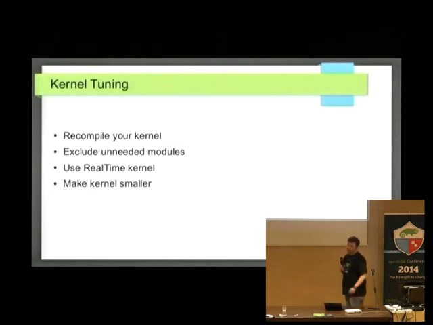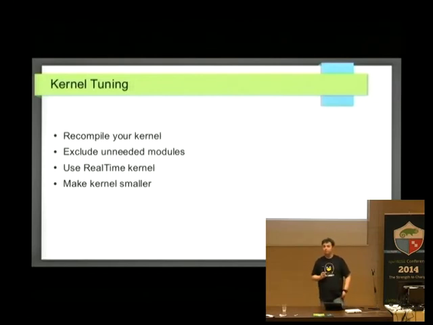When we are talking about kernel tuning, it's always a good solution to recompile your kernel, to make your kernel smaller. But if you recompile your kernel, excluding unneeded modules, on an enterprise distribution like Red Hat Enterprise Linux or SUSE Linux Enterprise Server, then your vendor, Novell SUSE and Red Hat, will not support your recompiled kernel.